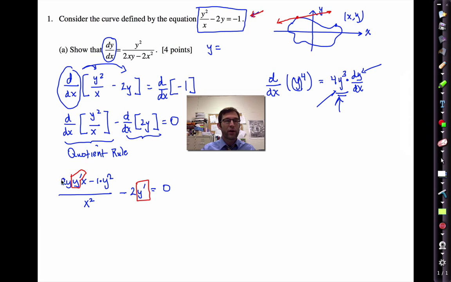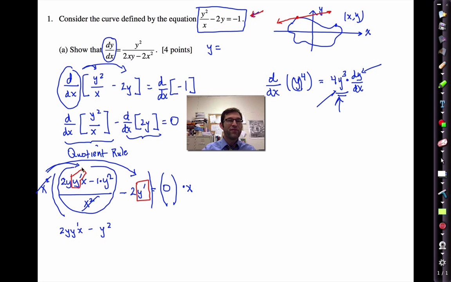There's an x squared. Well, last year what we learned is an effective approach to getting rid of that is to simply multiply both sides of the equation by that denominator, okay? Now remember, it's going to distribute. It's going to distribute over this, and it's going to distribute to this. When it distributes to this, simply these two cancel, and we're just left with 2y, y prime x, minus y squared, because all of that is one term.